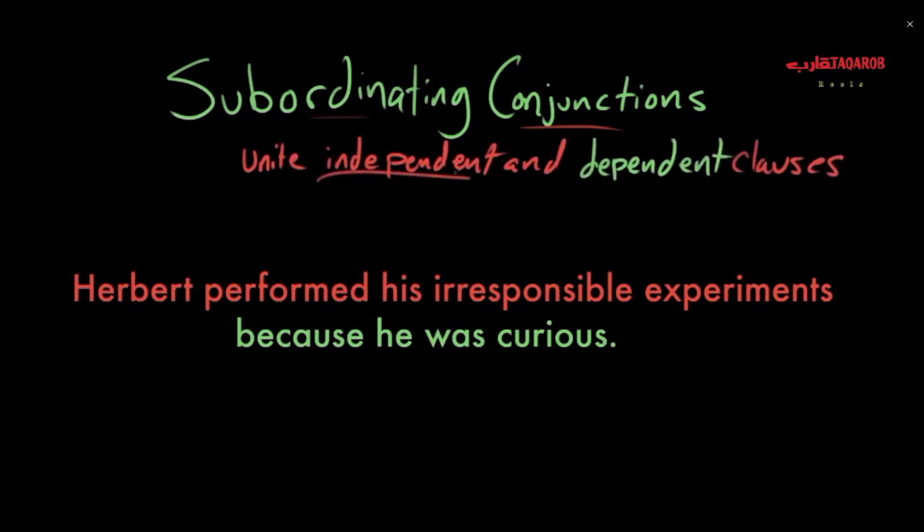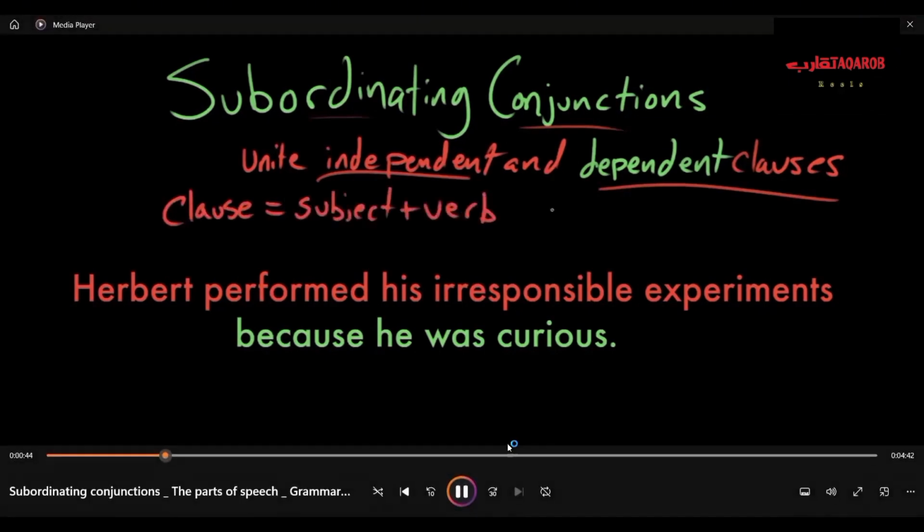But what are these? What is an independent and a dependent clause? Well, first of all, let's back up again. What is a clause? A clause is just a language chunk that has a subject and a verb. Guys, clause means a sentence; there's no real difference between the clause and a sentence.